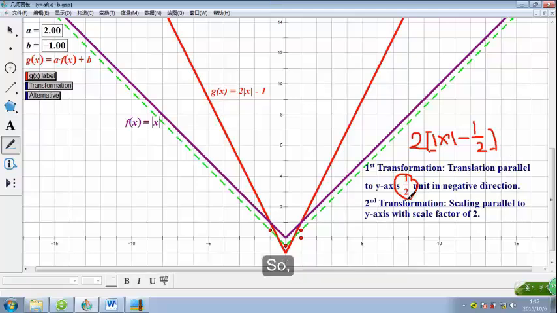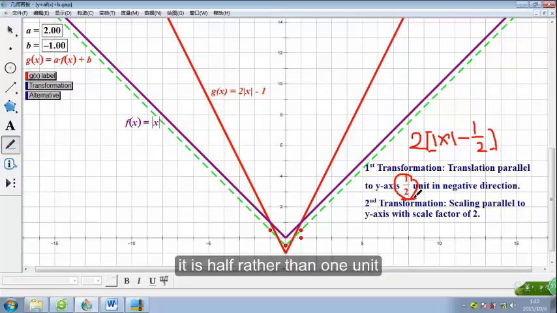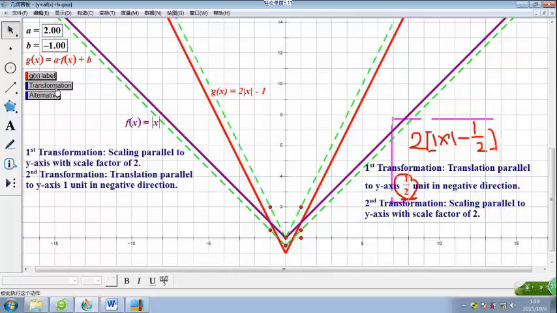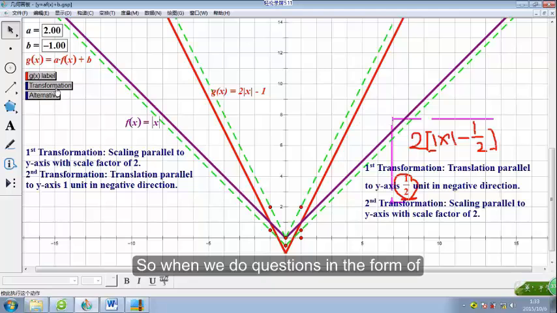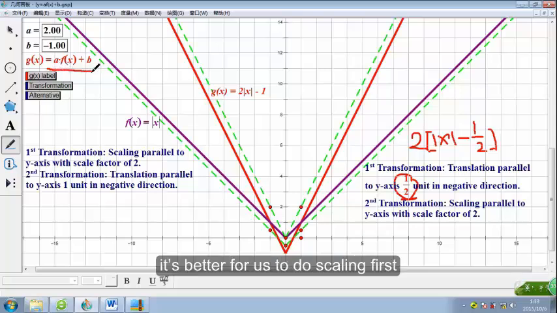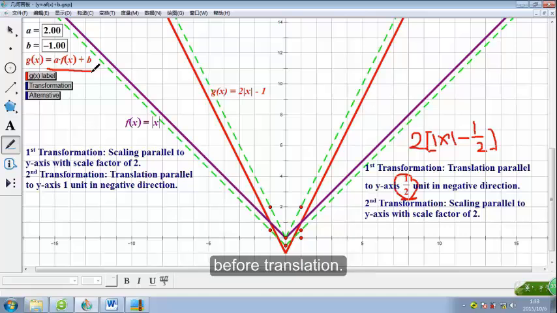So it is half rather than 1 unit when you do the translation. Although both sequences are correct, the first sequence is clearly easier than the second one. So when we do questions in the form of y equals a f(x) plus b, it's better for us to do scaling first before translation.